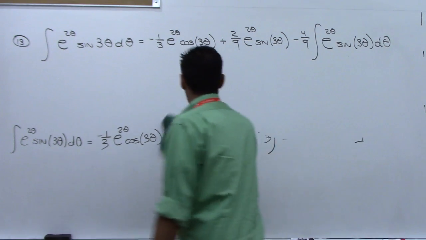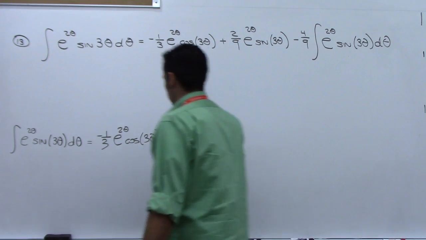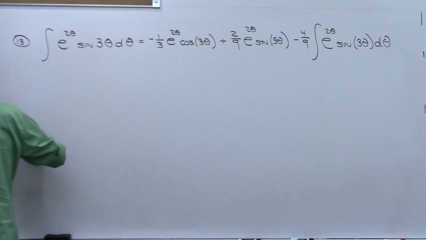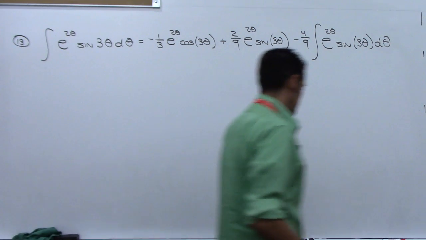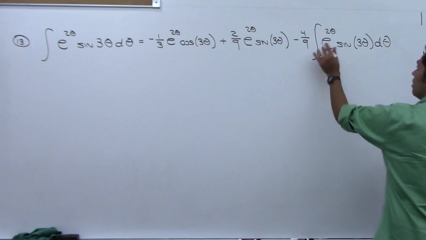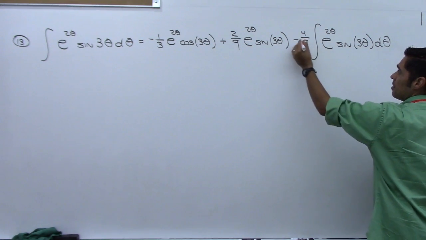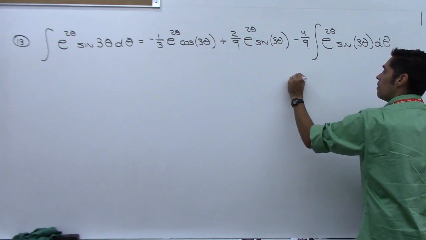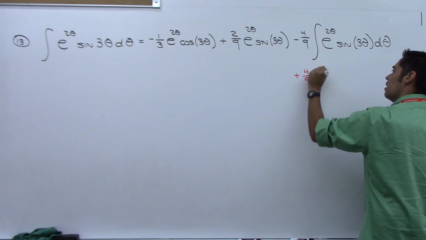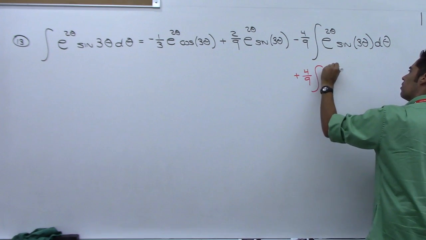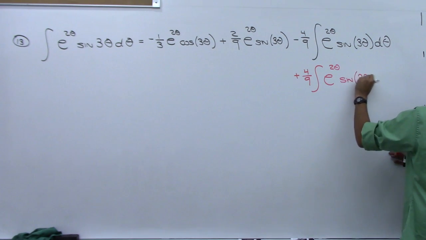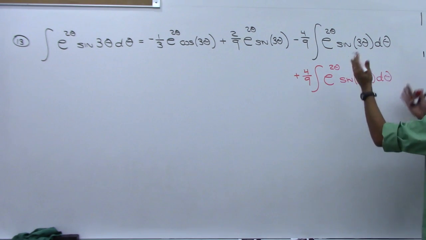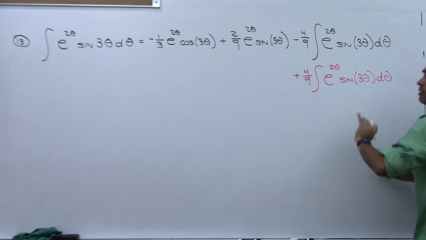Now what I'll do is I'm just going to use properties of equations here to say that I can add or subtract anything from both sides. So I'm going to take this integral right here. Since it's minus 4/9, I'm going to add 4/9 of this integral, and I don't know what that integral is, and add it to this side, so they're going to cancel out completely.